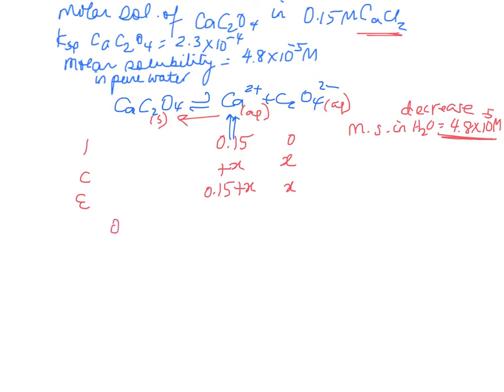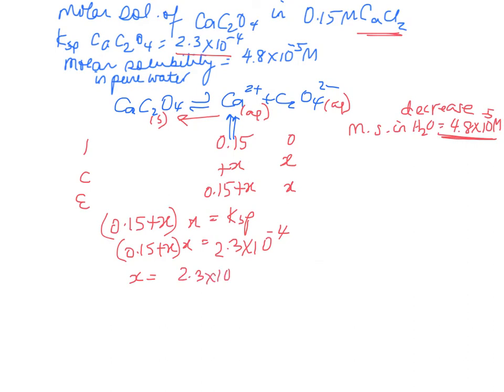So you can say 0.15 plus X times X is the Ksp, and the Ksp value is given to be 2.3 times 10 to the negative fourth. So now you would basically rearrange this.